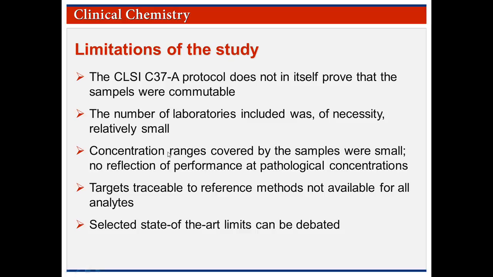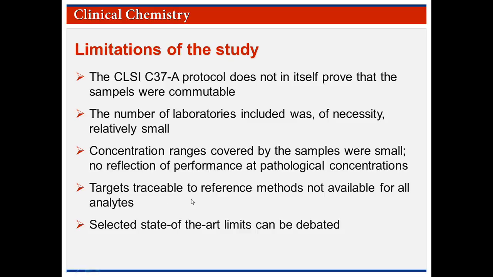The concentration ranges covered by the samples were small, so it means that at abnormal levels, low or high, there was no data actually on how the assays would perform.